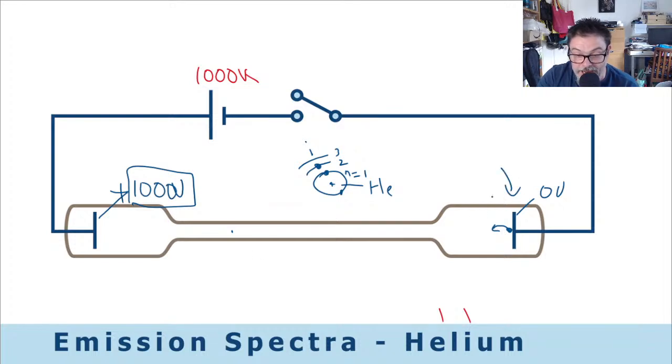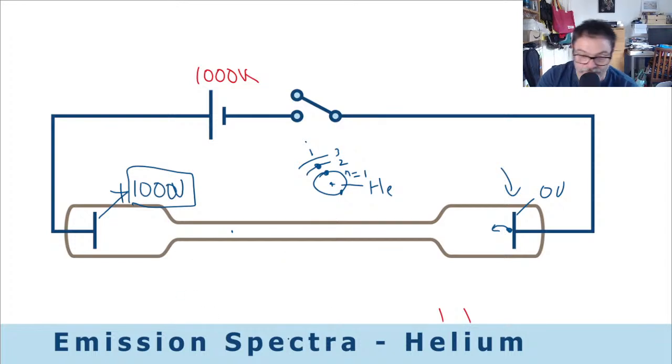They get ripped off the cathode, and if they accelerate fast enough, now this is 1000 volts, they're going to be accelerated pretty quick. They're going to get a lot of kinetic energy. They will then go on and ionize some of the helium atoms. And if they ionize some of the helium atoms, you're going to have a pile more electrons. So you might start off with literally just one baby electron all on its own in the tube there.